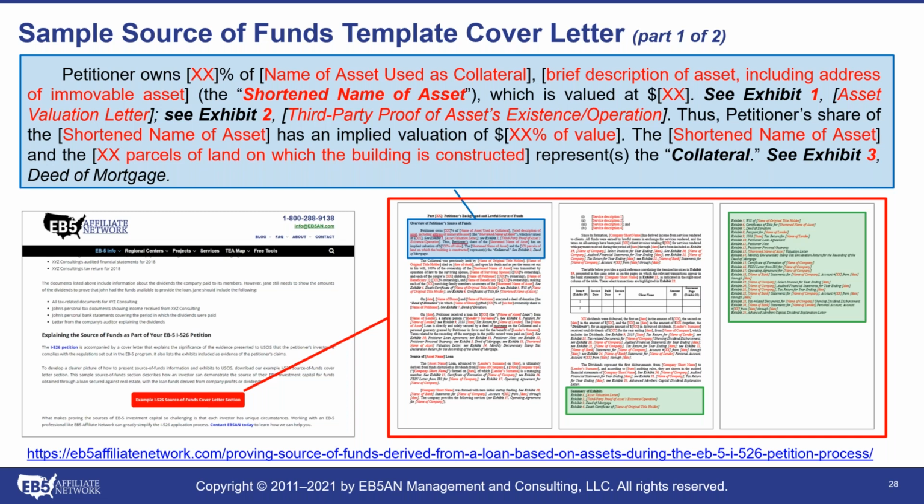This is not based on any one specific investor, but just a hypothetical situation involving a loan on a piece of real estate and showing how the person making the loan acquired those funds.